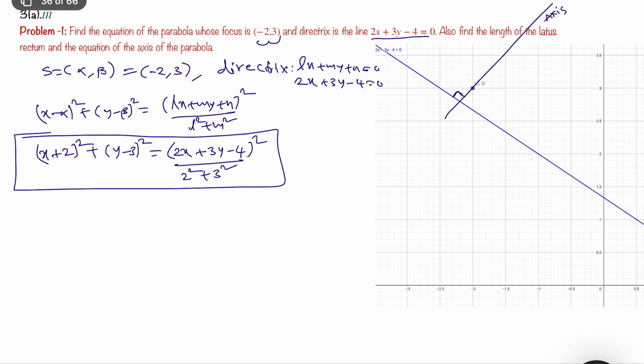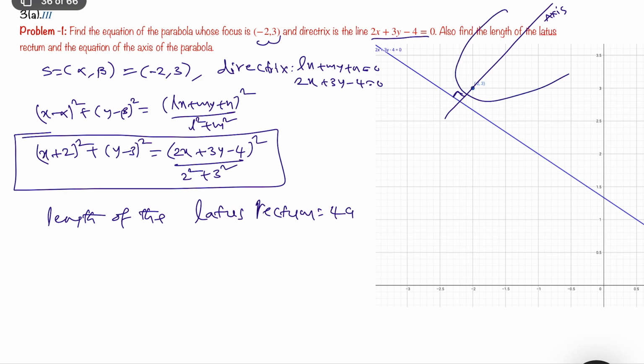Okay, next, also find the length of the latus rectum. The length of the latus rectum equal to 4a, right? We know that the length of the latus rectum is actually 4a. But what is a here?